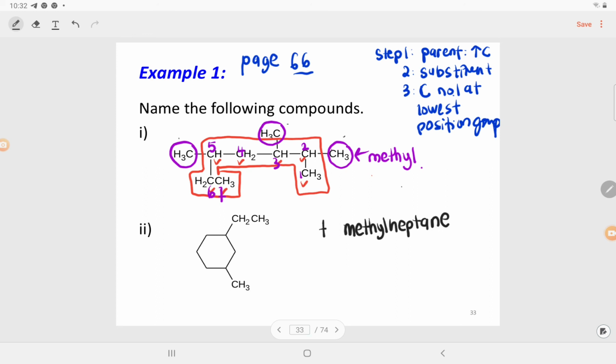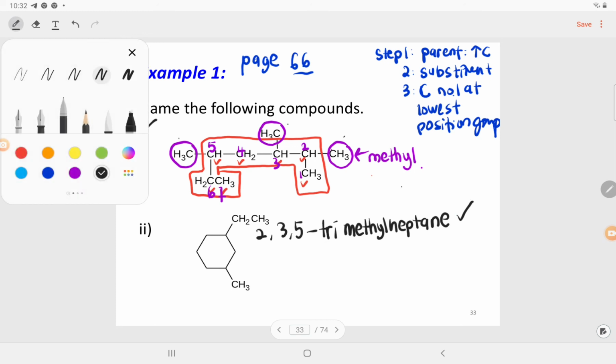So you must write the total of your substituents: trimethyl. Allocate your substituent positions. They are identical: 2, 3, 5. If the numbers are different, you must use a comma. Between a number and a word, you must use a hyphen. So this is our correct name for question number 1.